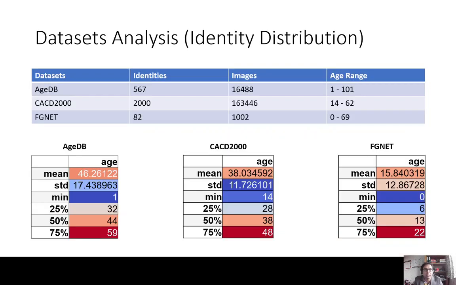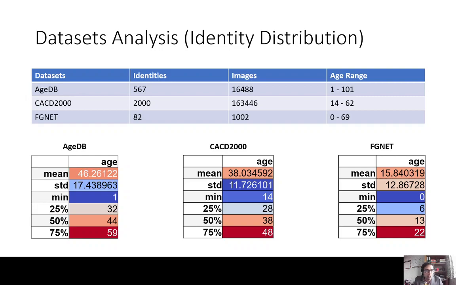So this is dataset analysis on identity distribution. I've got AgeDB, CACD 2000 and FGNet. AgeDB has 567 identities, 16,488 images, and an age range of 1 to 101. CACD has 2000 identities, 163,446 images, and ages 14 to 62. FGNet has 82 identities, 1002 images, and ages 0 to 69.